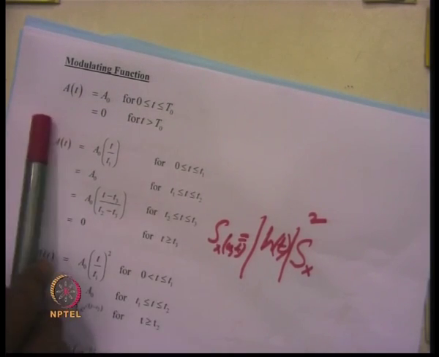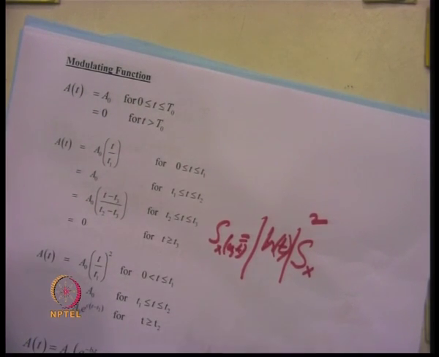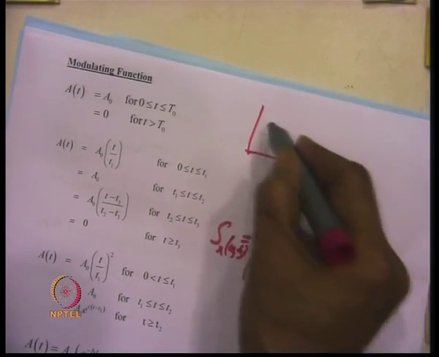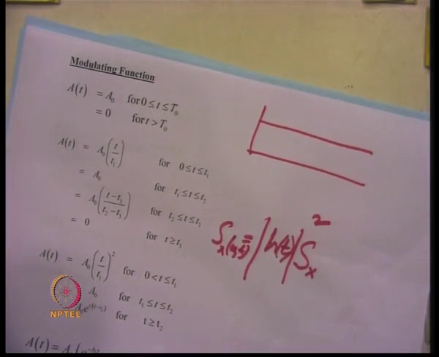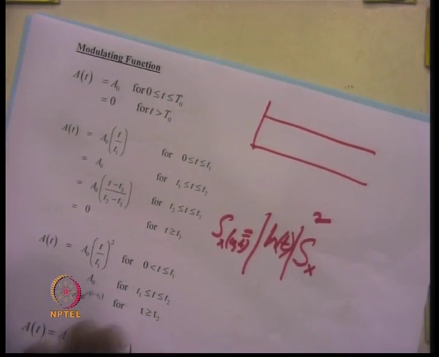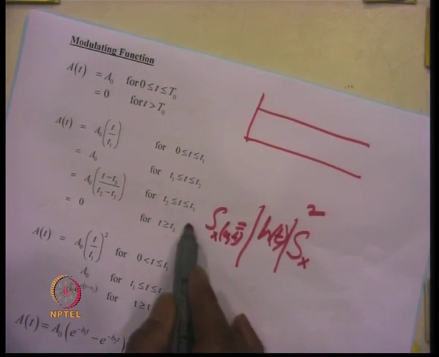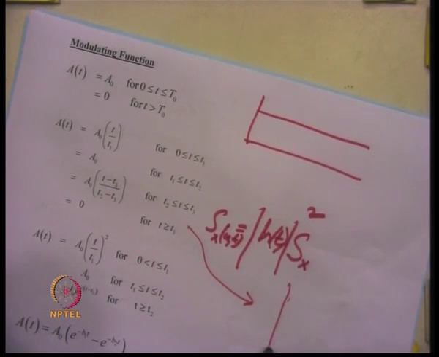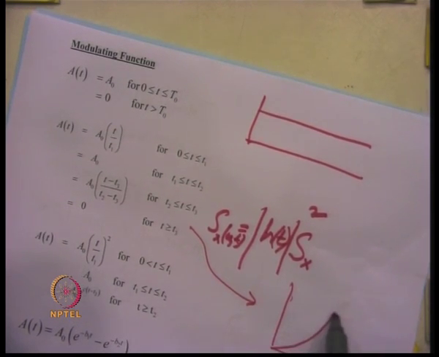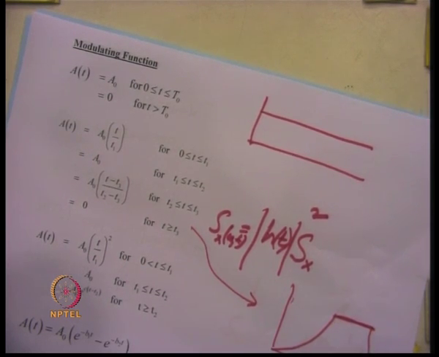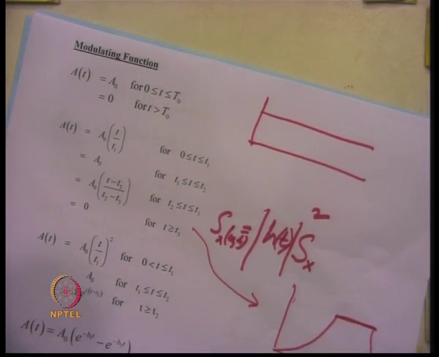This is a very simple one, a modulating function of this type, that is a rectangular modulating function. Then one can have a modulating function of a type like this, that is not exactly trapezoidal, because these two are nonlinear curves, but it has the form of a trapezoidal function.